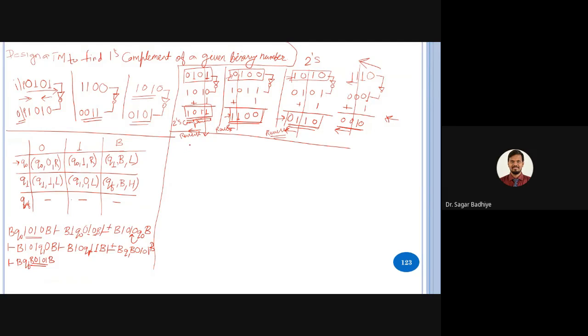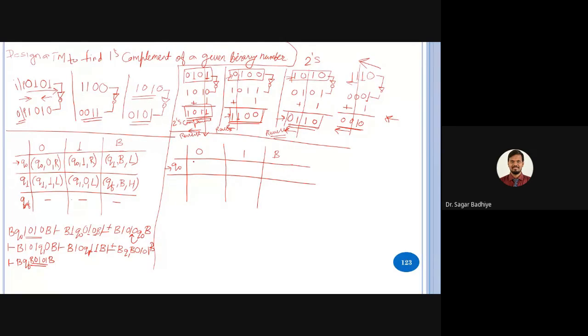We will design a Turing machine for that purpose. Like, the input would be either 0 or 1, or on the tape you can have a blank symbol, right? So again you would start from initial state q0. In q0, the first state will be just to traverse to the right end of the input. So the same rules will be there.